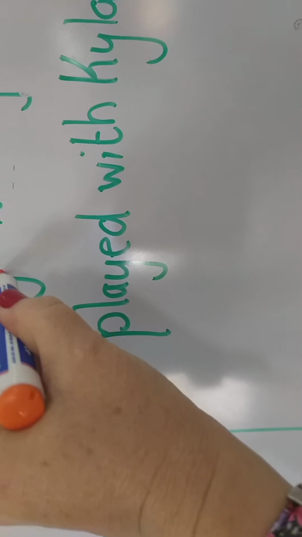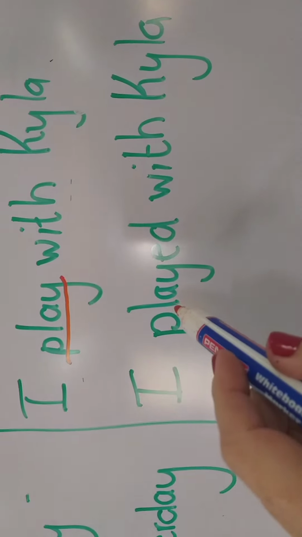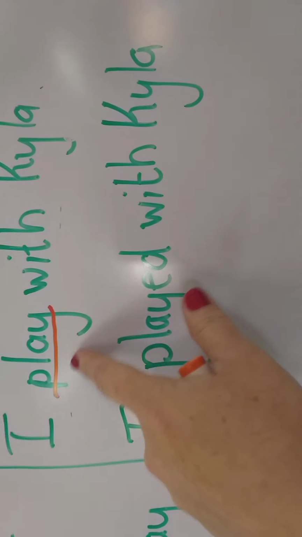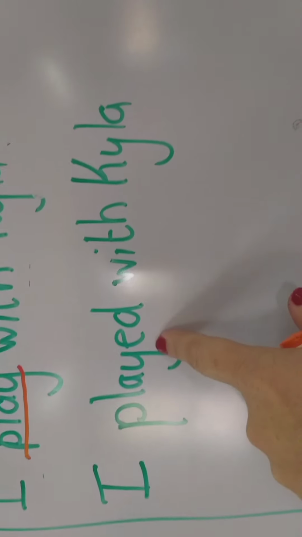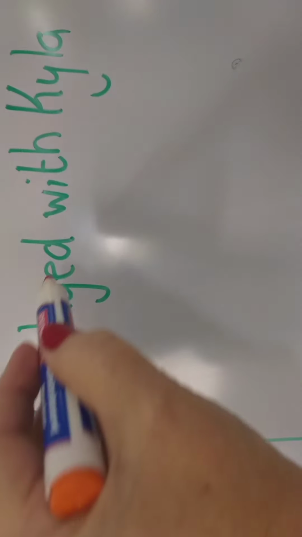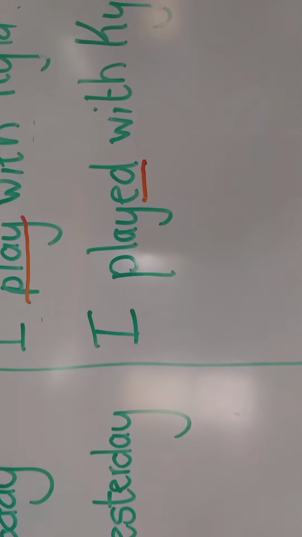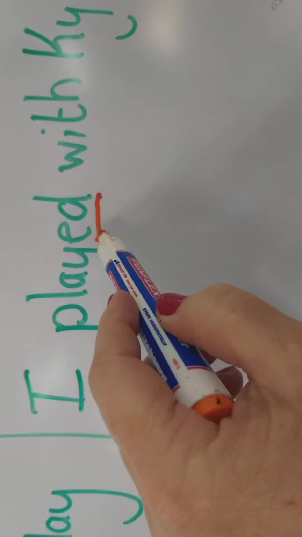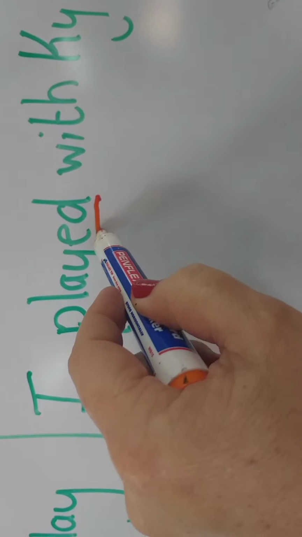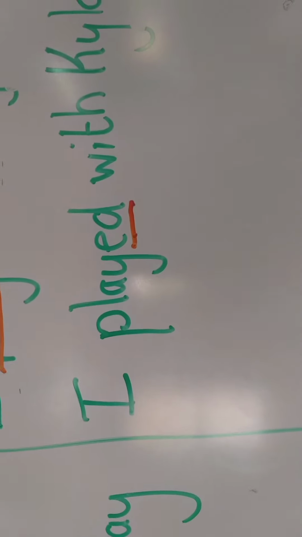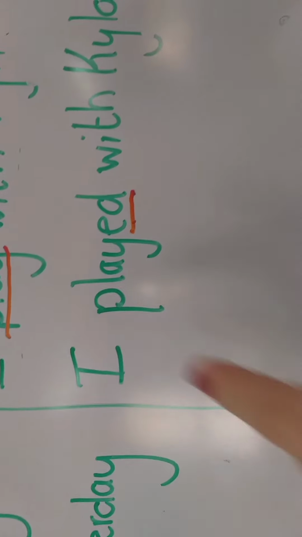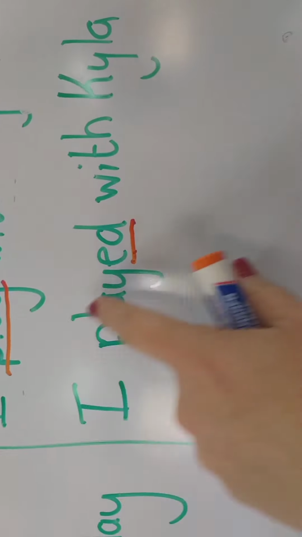Your verb in the sentence changes a bit. So it's not I play, it's yesterday I played with Kyla. And you can see that on the end of play, this little suffix has been added, the ed suffix has been added to the word. So the verb in the sentence changes slightly.